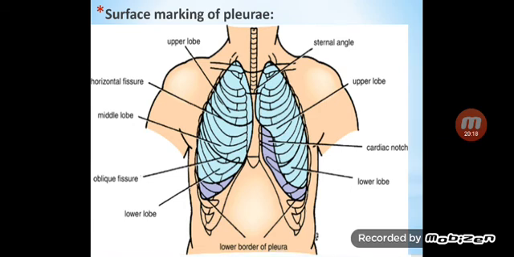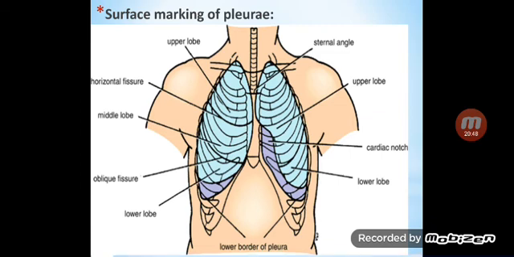Here is the site of the heart, so in this area the cardiac notch is formed on the lung tissue.